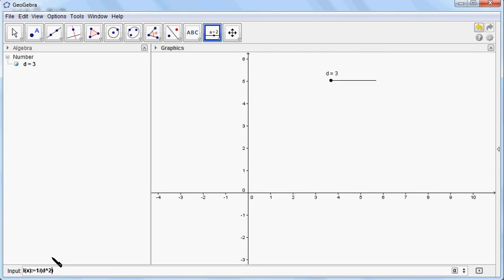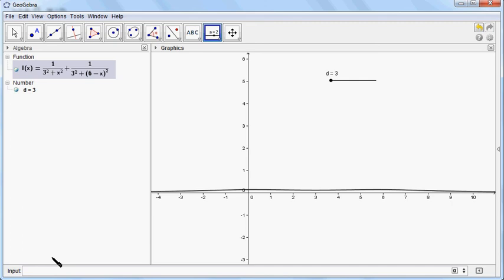So d squared plus x squared, and plus 1 over d squared plus the quantity 6 minus x. So put that in there.